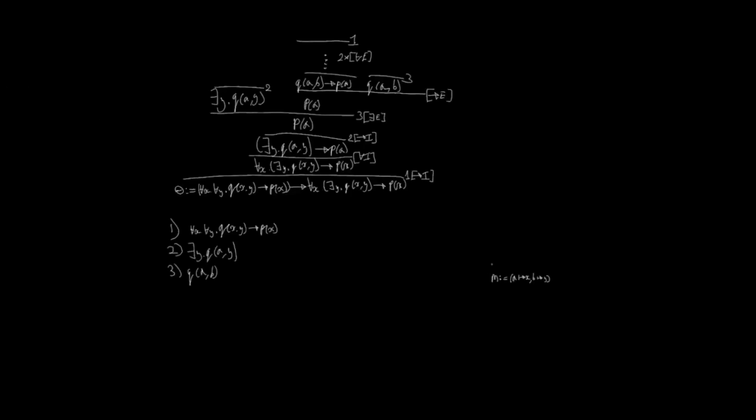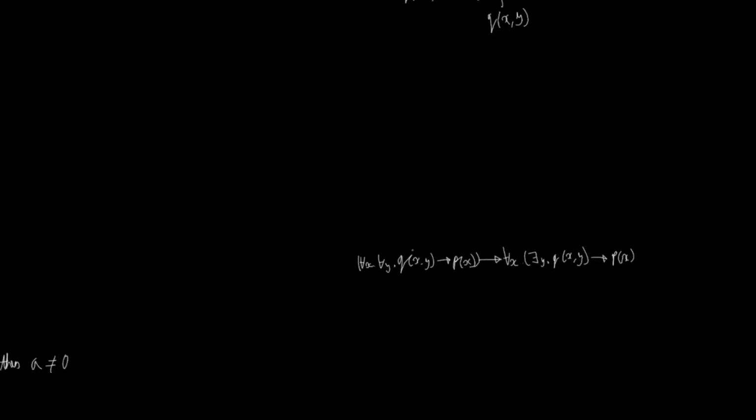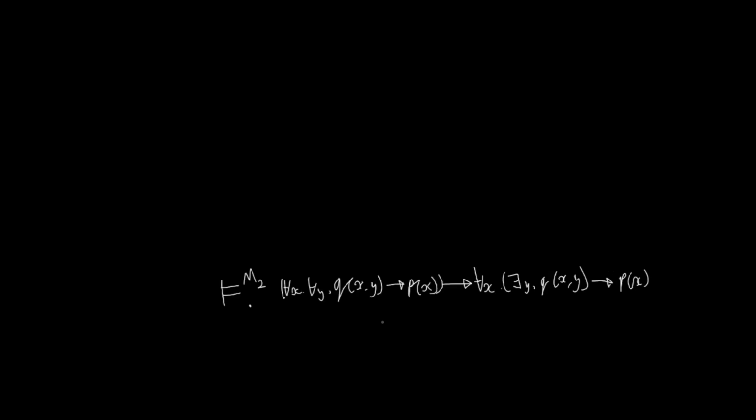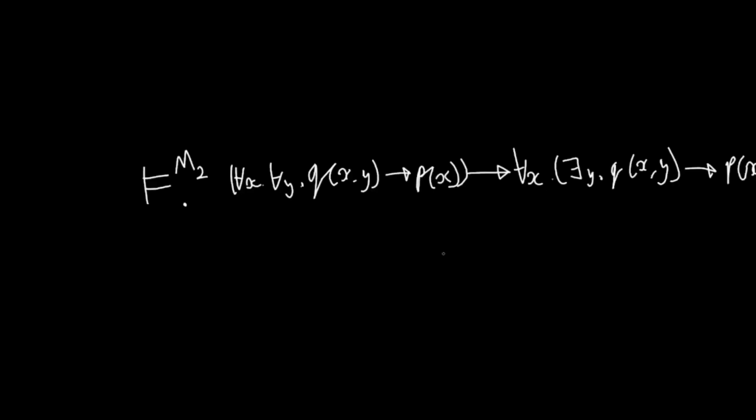Let's grab another copy of theta, put this over here, and its tree's not changed. So this is the turnstile parameterized by model2 and the empty mapping of this guy.